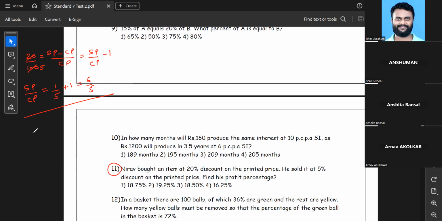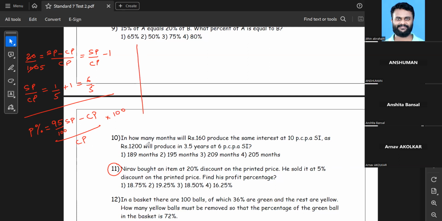He sold at, and in that selling, we are supposed to find the profit percentage. In that case, the selling price is actually 5% less than the original selling price because he gave a discount, right? So it is basically 95% of the original selling price minus cost price upon CP. So it's the same story, obviously multiplied by 100.